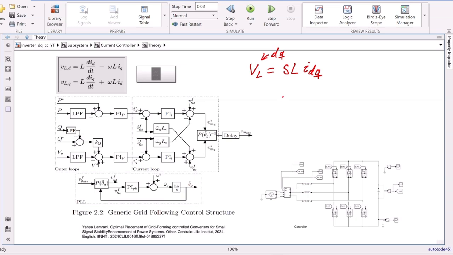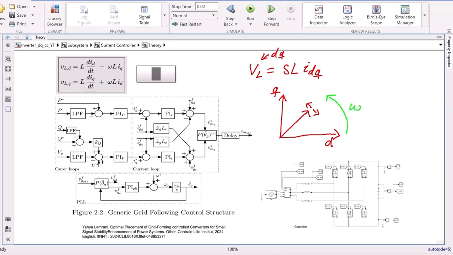Now to get an intuition, I will just draw a phasor diagram where this is the D-axis and this is the Q-axis. And here we have a current IDQ. And if you take the derivative of this vector, you can see that it changes either that way or that way. But you also need to remember that the whole coordinate system itself is rotating with a speed of omega.